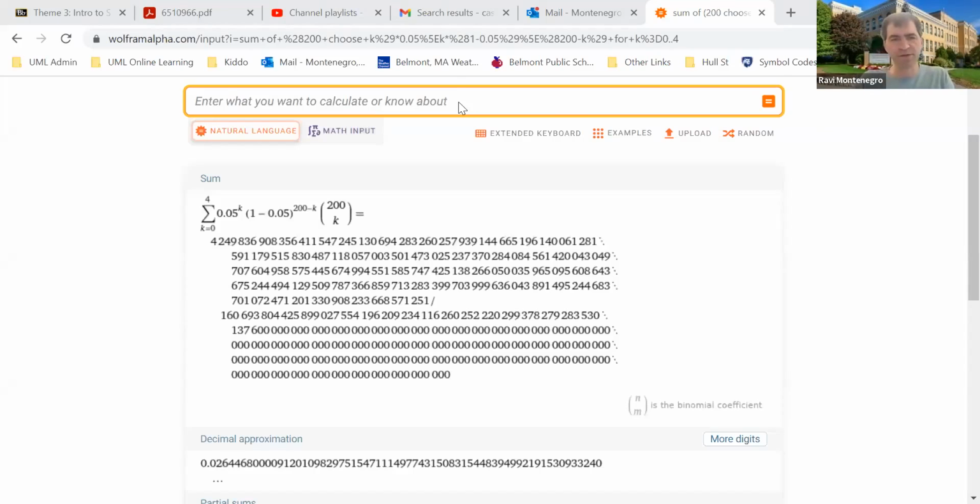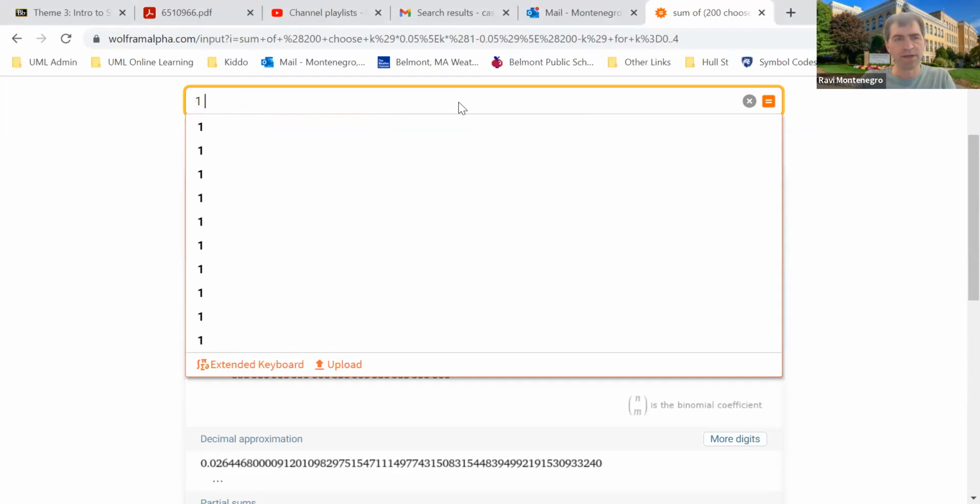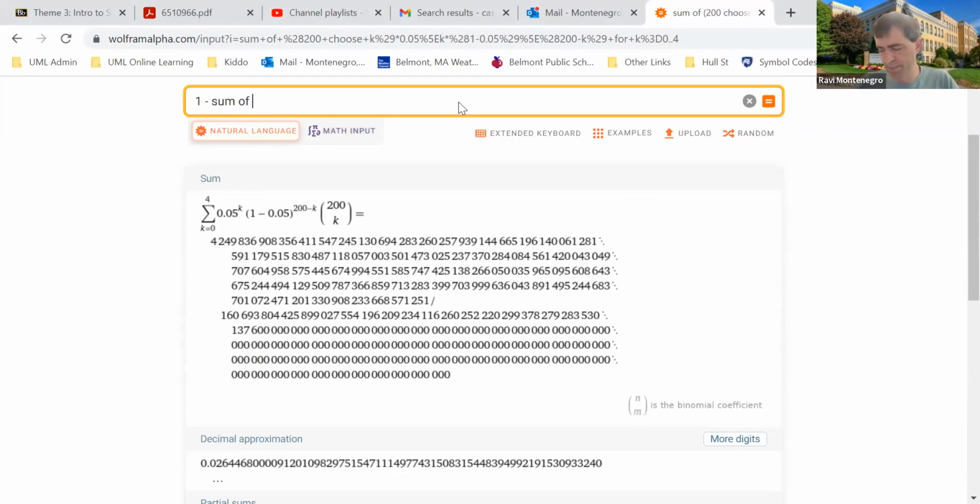So this was our last question, but here we'll do 1 minus the sum of, in the formula we looked at, e to the minus 2 times 2 to the k over k factorial, and k was 0 to 4.